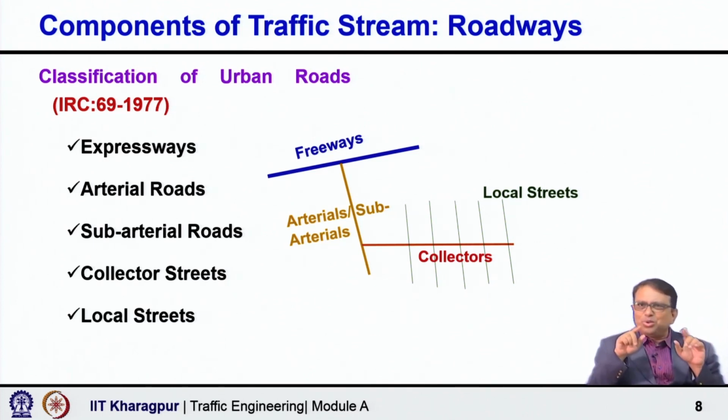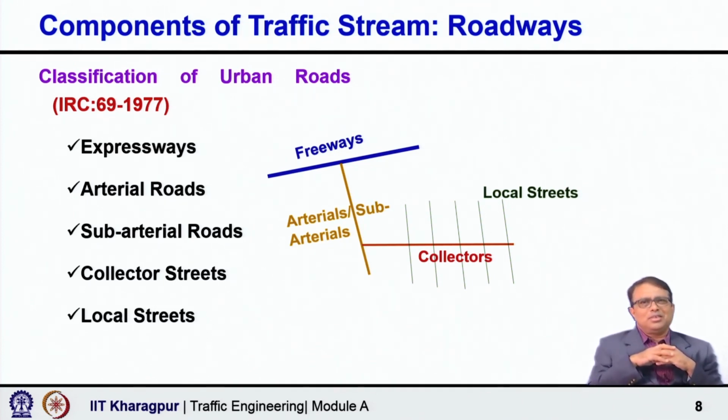This road is not to provide access to adjacent land, right. Its purpose is the through traffic movement and mobility, 100%. Arterial roads again, the primary focus is the mobility, not providing access to adjacent land, right. Then slightly lower, subarterial, then collector street, then goes to the local street.